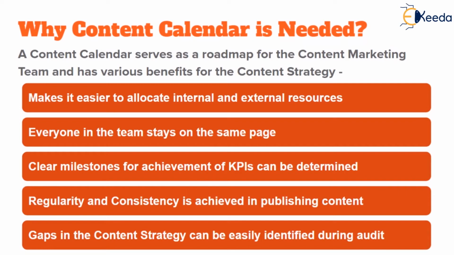But when you look at it mapped out on a calendar, you start seeing clear gaps in your content strategy, if there exist any. You also start seeing if you are laying more emphasis on one type of content format over the other, and then you can take corrective actions to balance your content strategy overall.